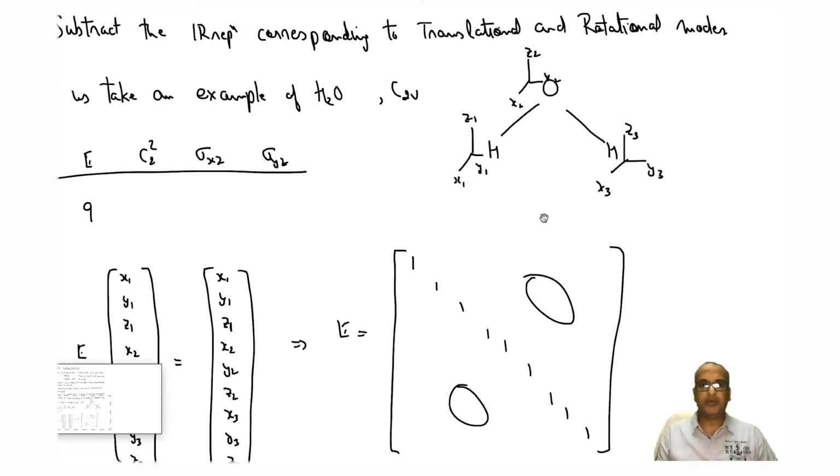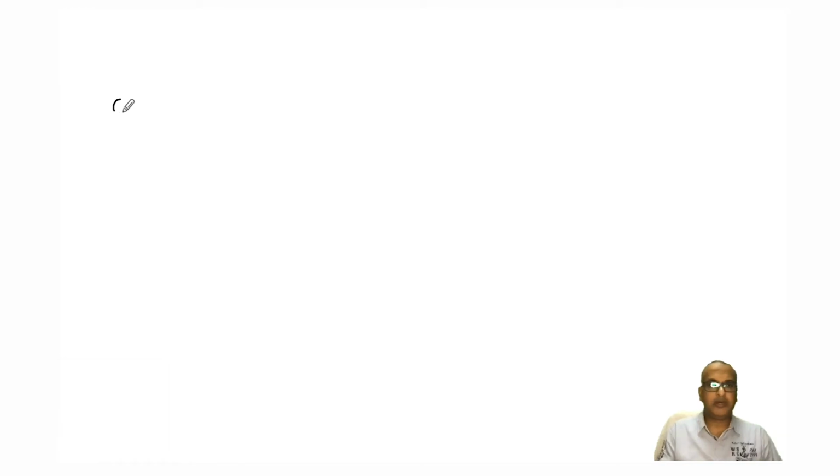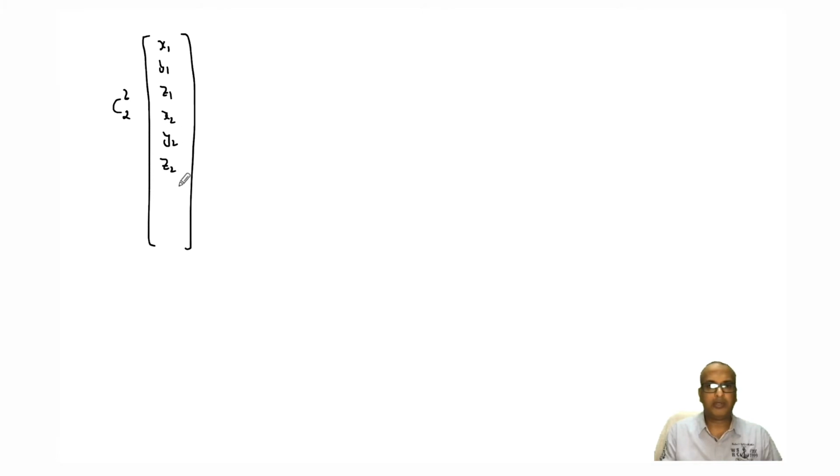Now let's go to the second symmetry operation, which is C2Z. If we perform C2Z onto the same matrix again, X1, Y1, Z1, X2, Y2.